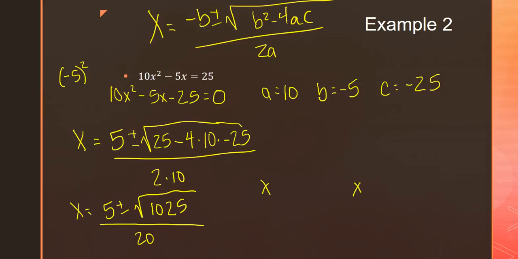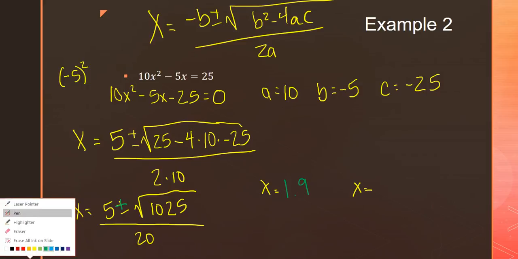to the nearest tenth. So the first thing that we need to do is 5 plus the square root of 1025, that equals about 37. Keep that answer in your calculator and divide it by 20. Now I got 1.9 if I round to the nearest tenth.